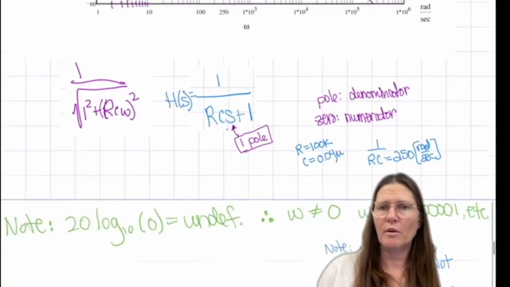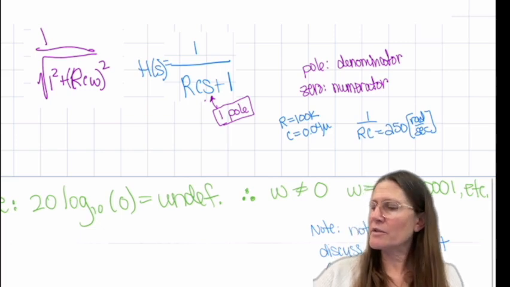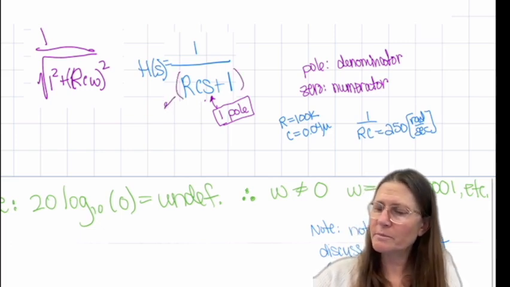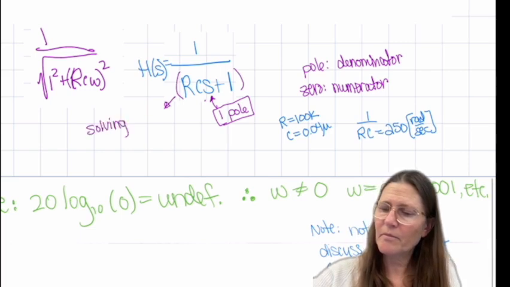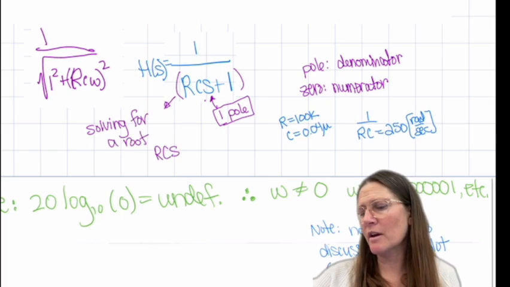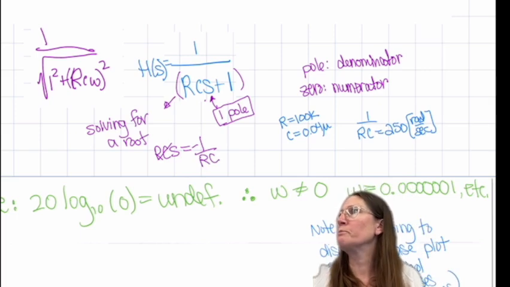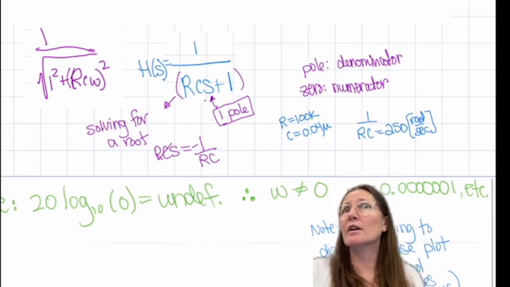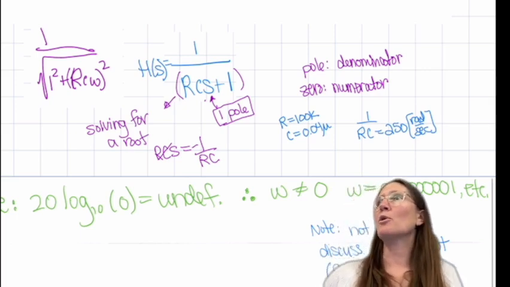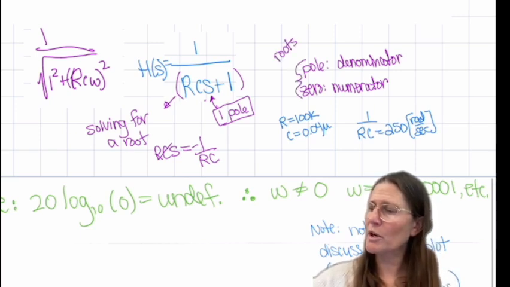And so if I was to solve this for a root, I would set this up, and it would solve to give me S is equal to minus 1 over RC, right? So if I solve my equation and find the roots of that equation, those end up being my poles and zeros. So these poles and zeros are the roots of the system or equation.